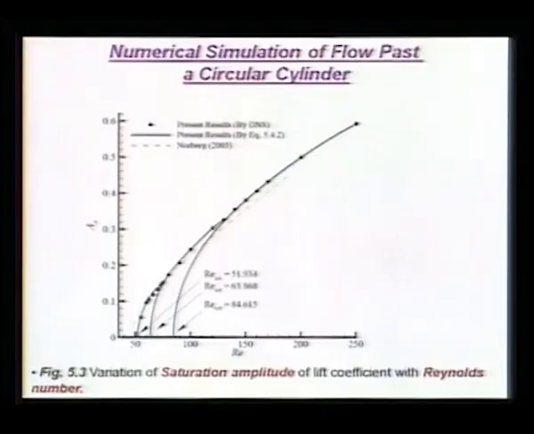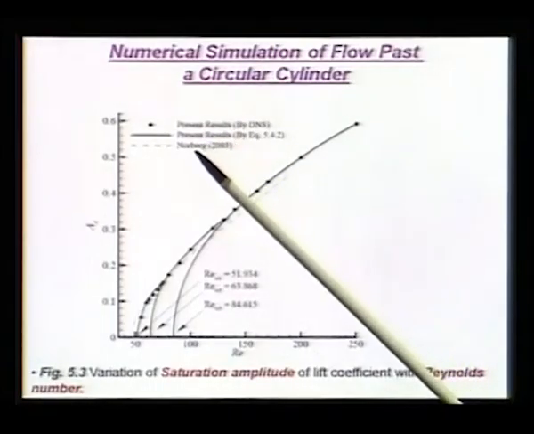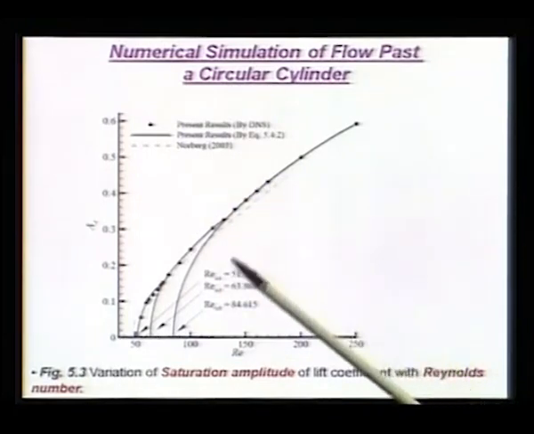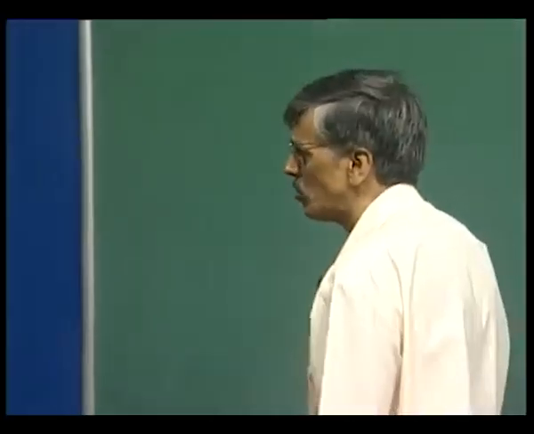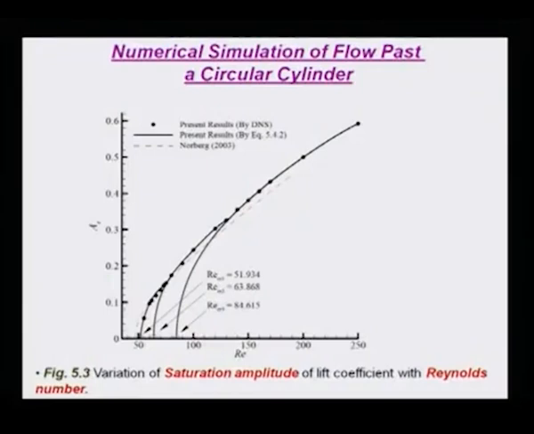We can get those 3 sets of values merging onto the 3 points of Hopf bifurcation, and in this we have also put in a correlation which was produced by Norberg. Norberg actually used a set of experimental results for his, I think, PhD thesis work in a wind tunnel, which was characterized by a turbulent intensity of about 0.06%.